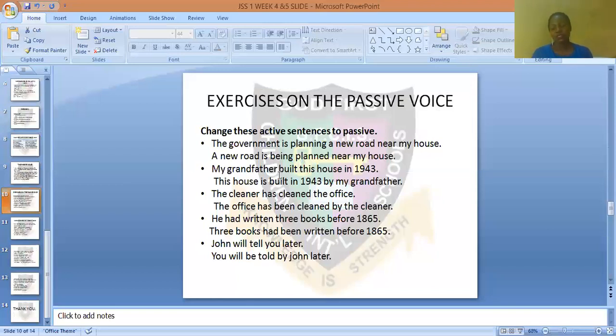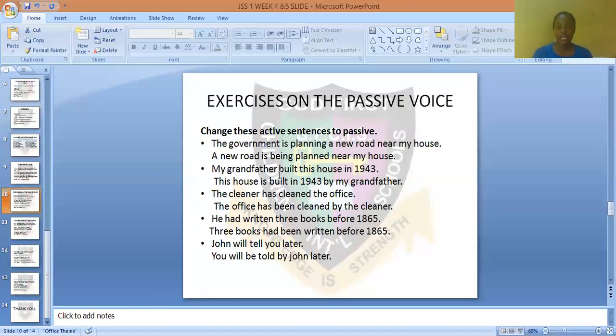So in the first sentence, the cleaner is the subject and is the performer of the action. But in the second sentence, the cleaner is now the receiver of the action, so the verb is acted upon now. The office has been cleaned by the cleaner.